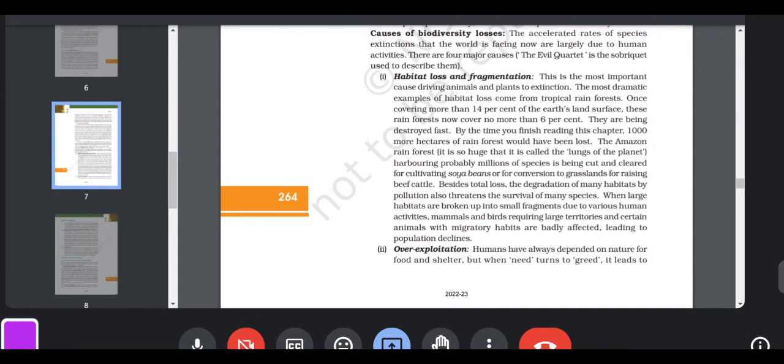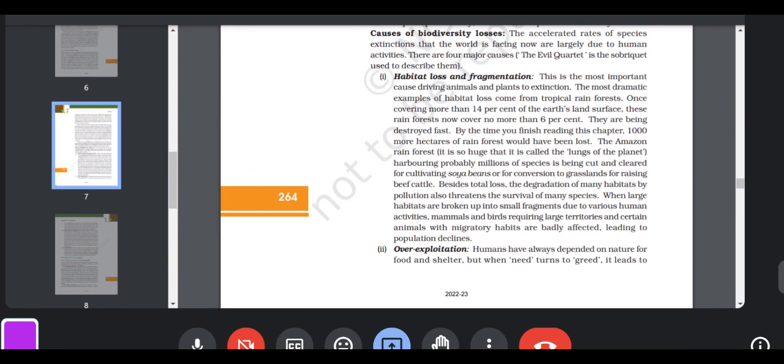So it is losing most of its habitats. They are saying that thousands or more hectares of the rainforest would have been lost once we complete this chapter.